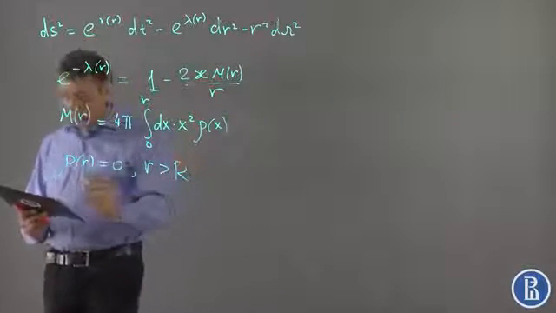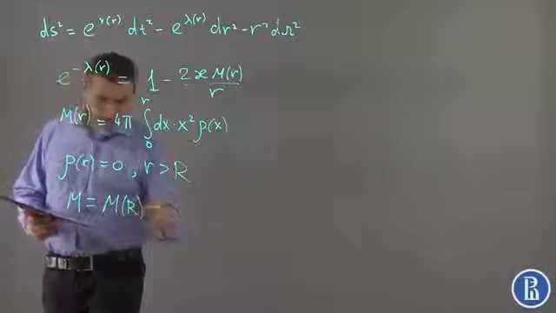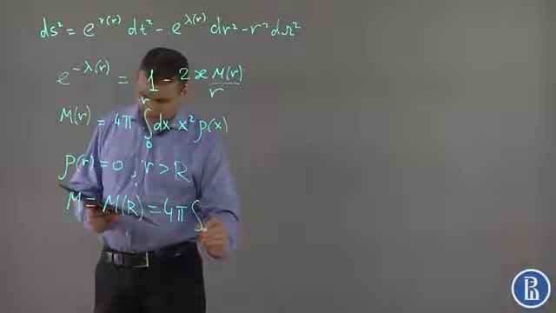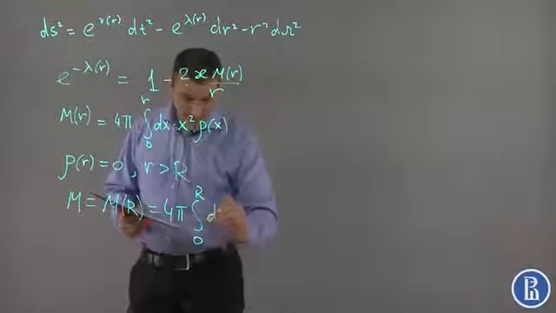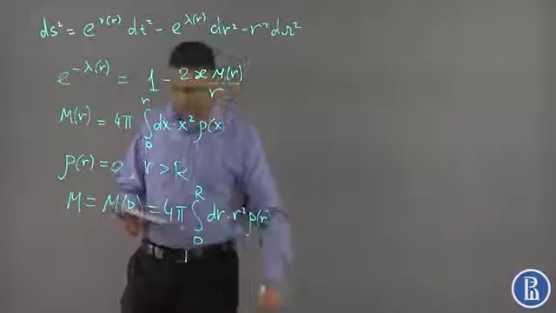In fact, the mass becomes constant at R, which is the so-called total mass of the star, the integral of dr r² ρ(r).